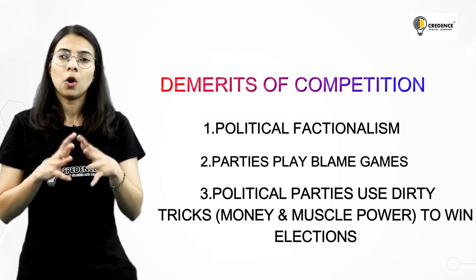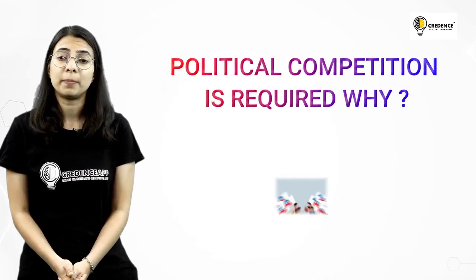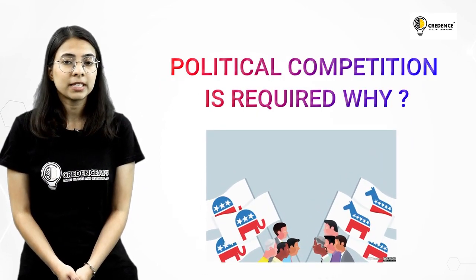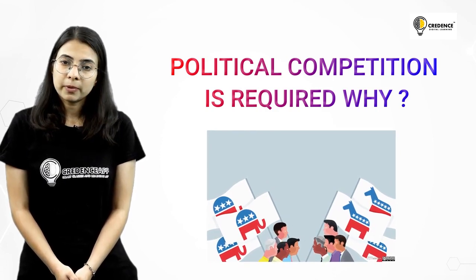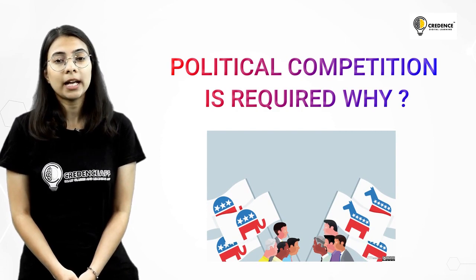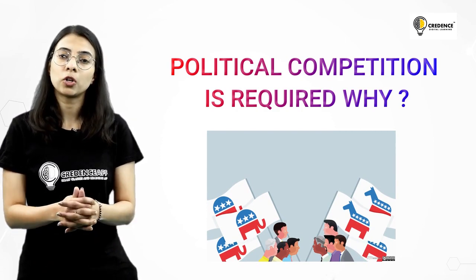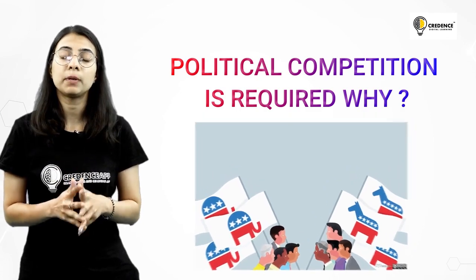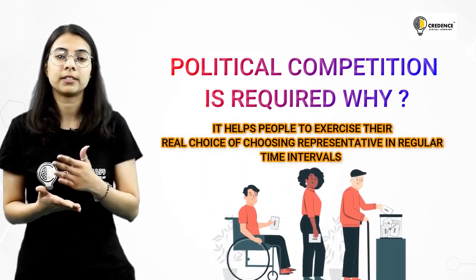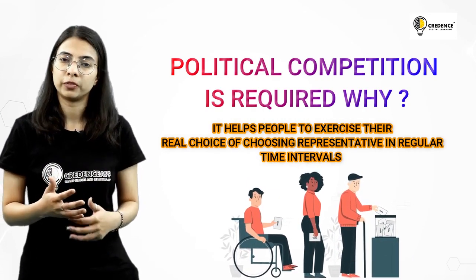But still, considering all these demerits, political competition is required for the country. Why? As we have seen, in a particular election Lok Dal won, but in the next one INC won, right? So we can see that because of political competition, people had the choice to remove the party or representative if they do not work for the welfare of the people.